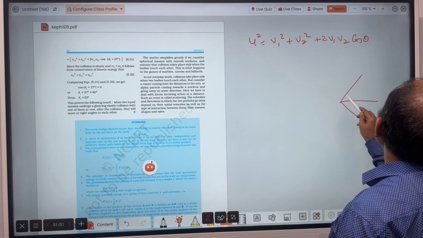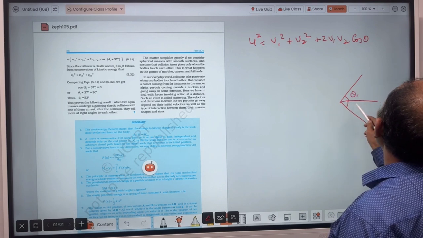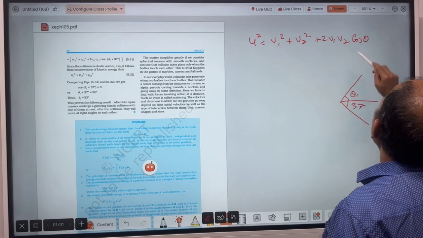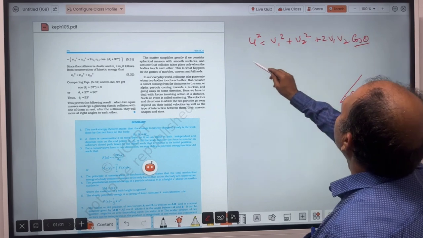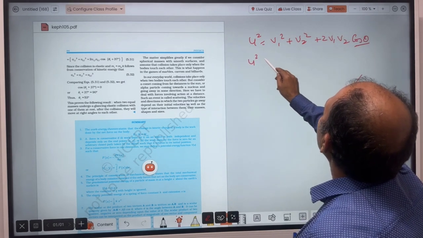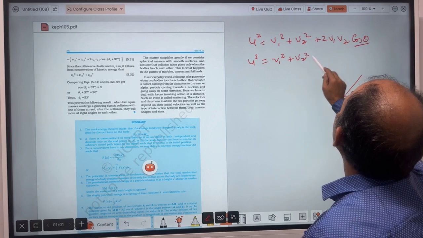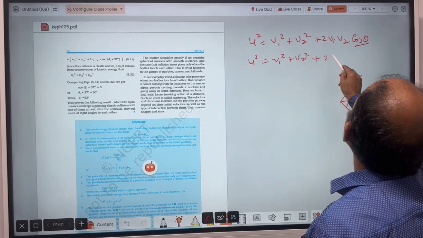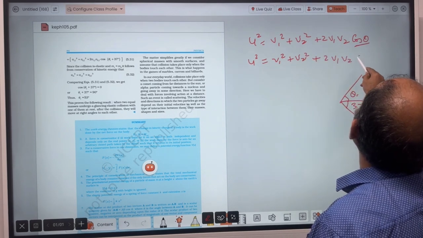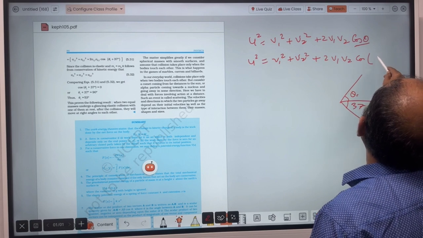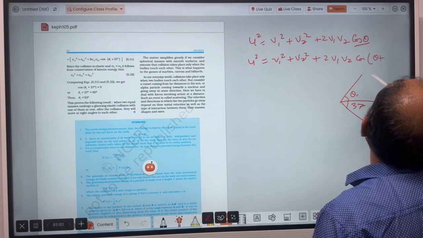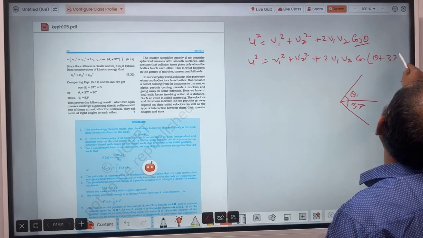In our question this is to be found, and this is given as 37 degrees. So in place of cos theta, we can write u square equal to v1 square plus v2 square plus twice of v1 v2 cos of theta 1 plus 37 degrees.